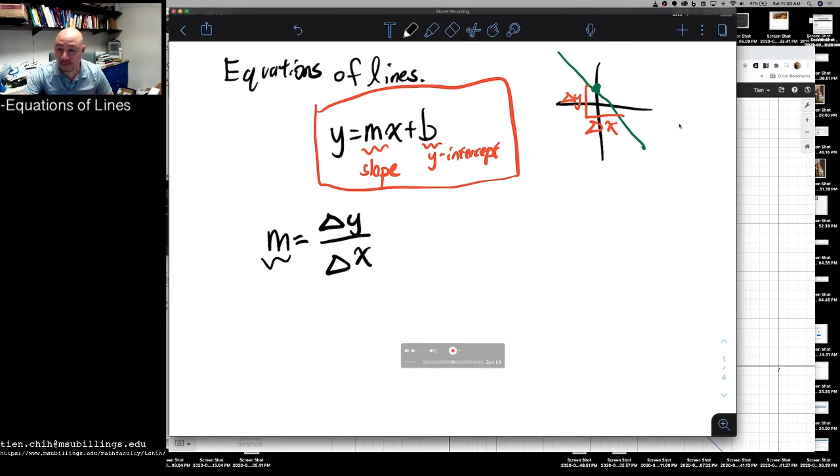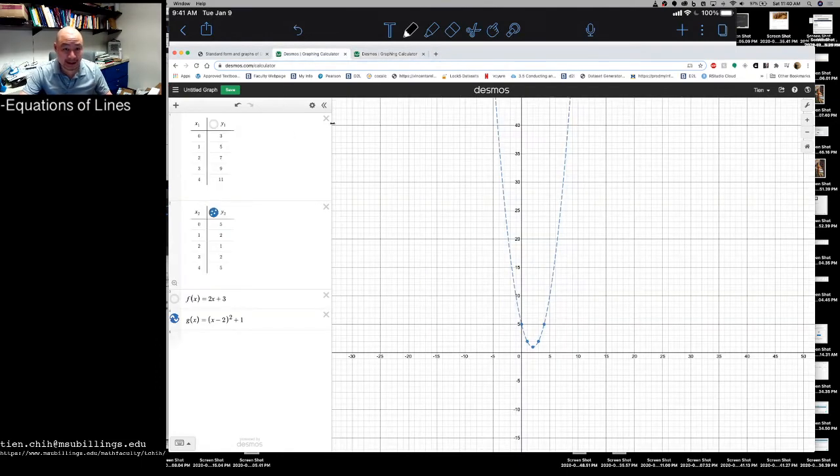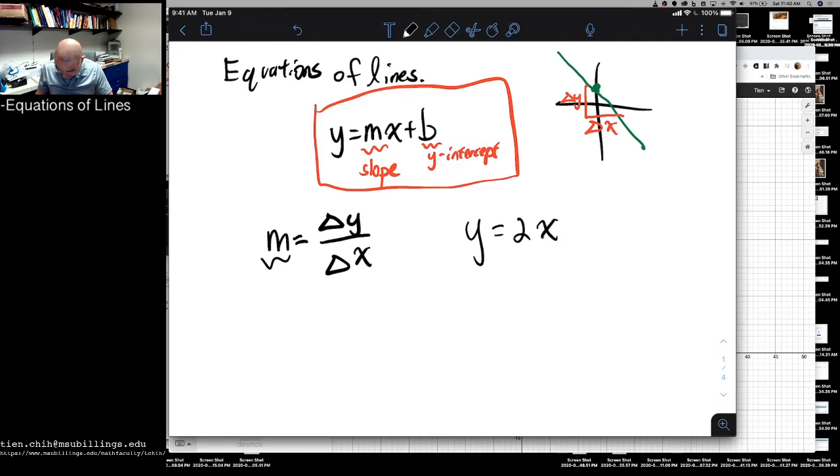So let's go ahead and clear all this. Let's say I wanted to graph something like y equals 2x plus 3.